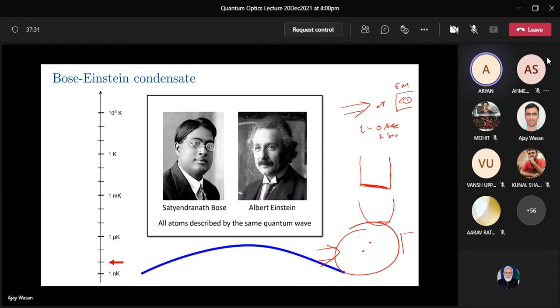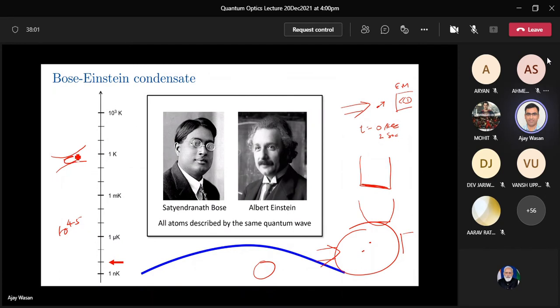Sir, how do we know that the same atom has moved? This is not a single atom right now. Let us say we have 10 to the power 4 atoms, 4 to 5 atoms in a group, held in the laser beam.